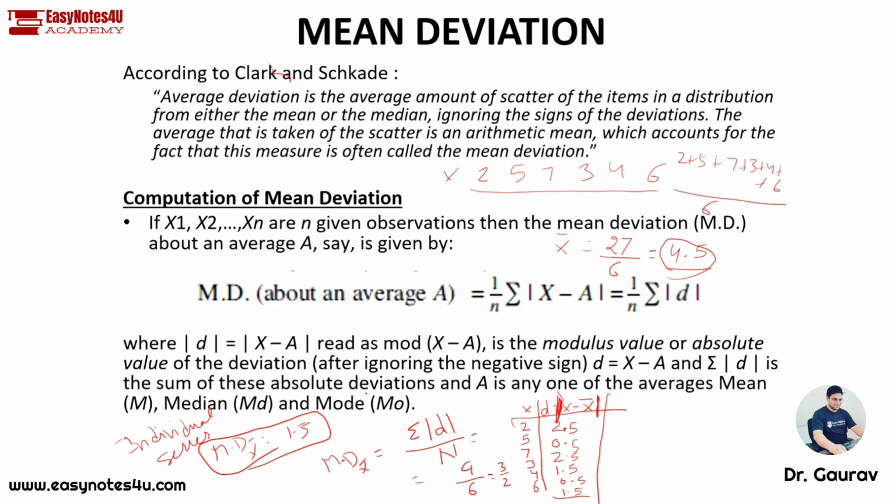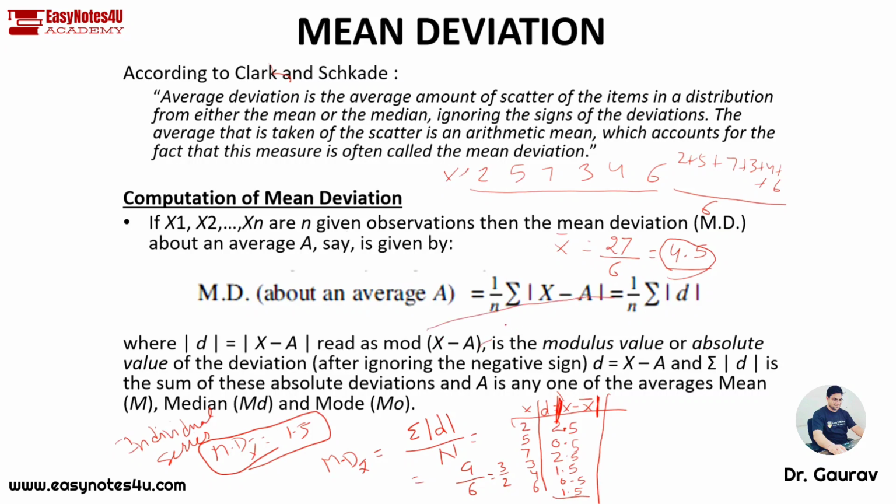If you want to calculate the same through the assumed mean method, you take the deviation from an assumed mean instead of the actual mean. This is the assumed mean method, or you can say the shortcut method.